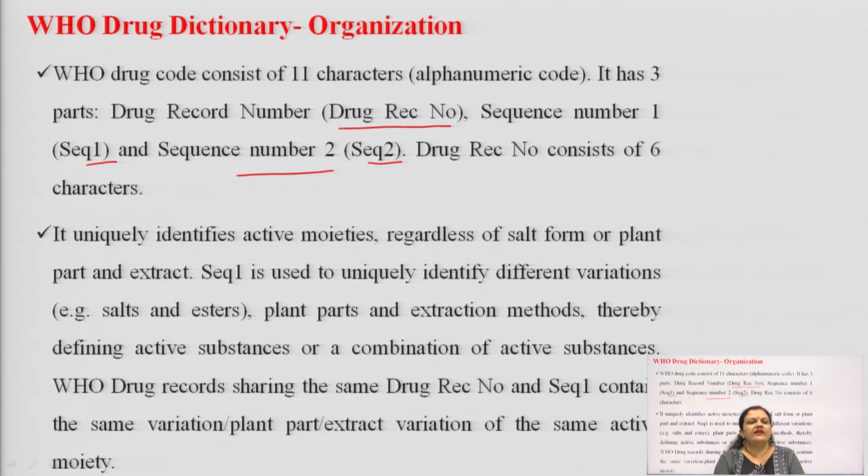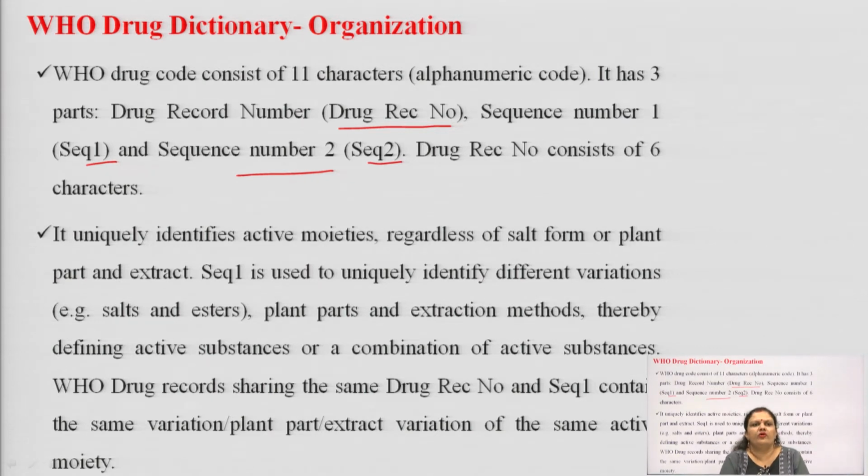So it identifies the active moieties regardless of any particular salt form or part of the plant, because we are dealing with the HD herbal drug also. The part of the plant, maybe stem, leaf, bark, fruit, flower, or root, is responsible for extracting the API of the drug, and it is used for depression, anxiety, or any other related disease.